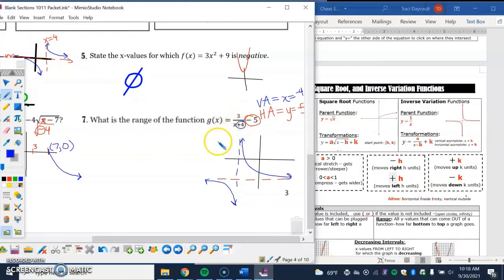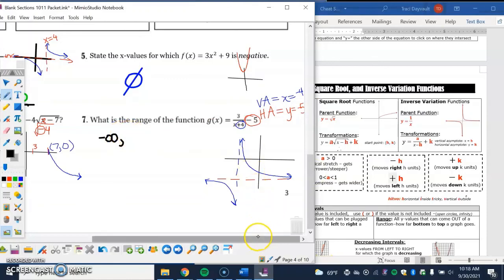The range is how far from bottom to top the graph goes. Okay, this graph is going to keep going down forever, so negative infinity. And does it keep going all the way up forever without interruptions? No, it stops going up at the horizontal asymptote. That's a y value that cannot come out of this function.